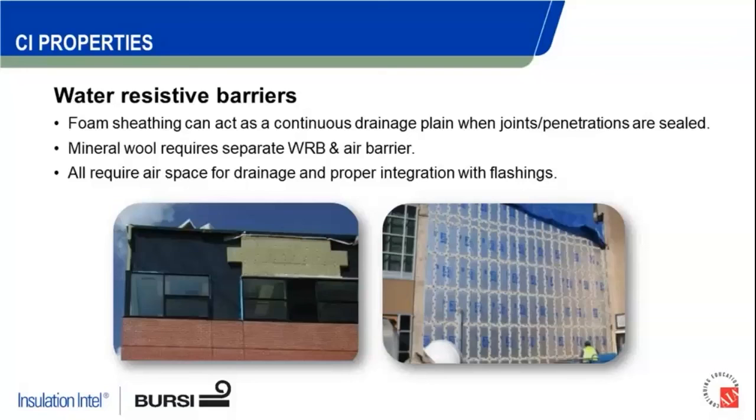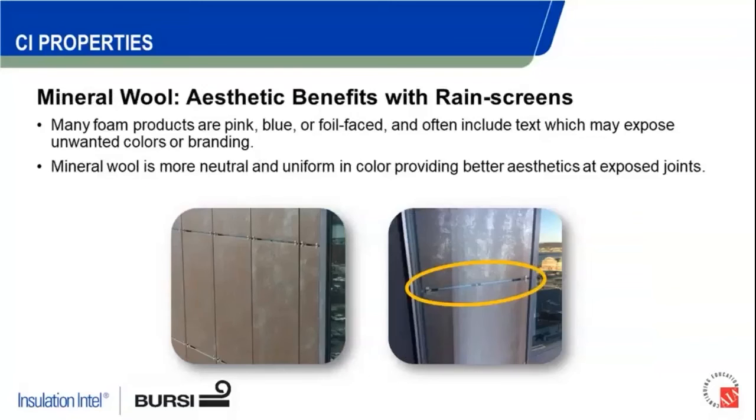A couple other things to point out related to mineral wool here, aside from the fire performance, which we'll talk about here in a minute, you do get some kind of, call it aesthetic benefits, right? You can see here a couple examples of an open joint rain screen system with some lovely blue board kind of peeking through behind that open joint. Of course, all manufacturers' products, for the most part, on the rigid foam board side, are pretty heavily branded, whether they're color of the manufacturer or labeling, branding, etc. Mineral wool tends to be a little bit more uniform in color.